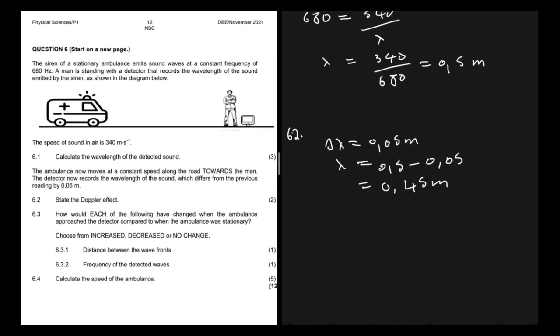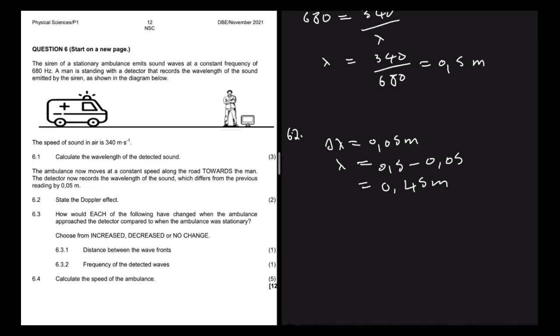And then 6.2 says state the Doppler effect. That's just a definition. I don't expect anybody to get that wrong. It says the change in frequency, pitch, or wavelength of the sound detected by a listener because the sound source and the listener have different velocities relative to the medium of sound propagation.